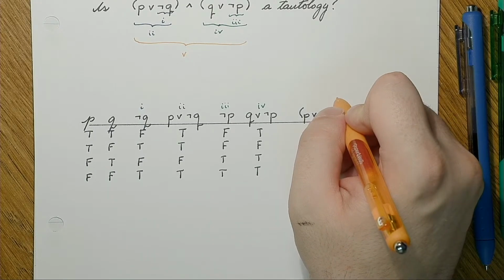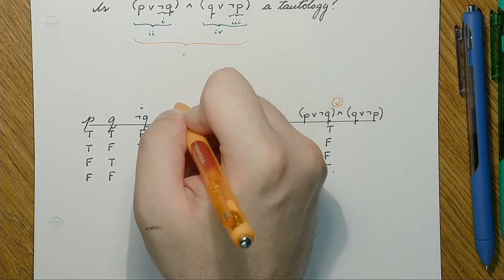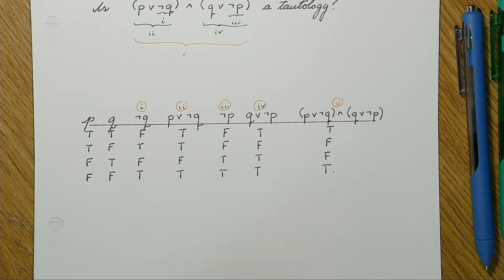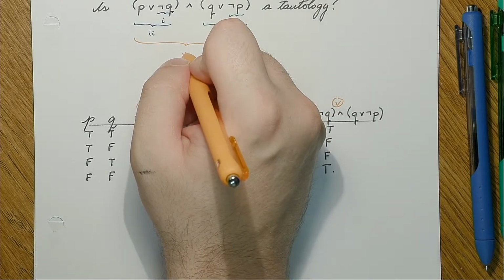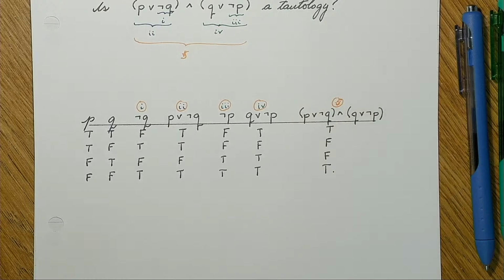And I'm going to put a circle around these so that people don't think that that last one, the 5, is an or. So, problem solved. 5.